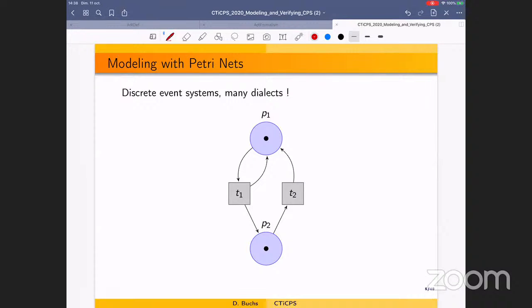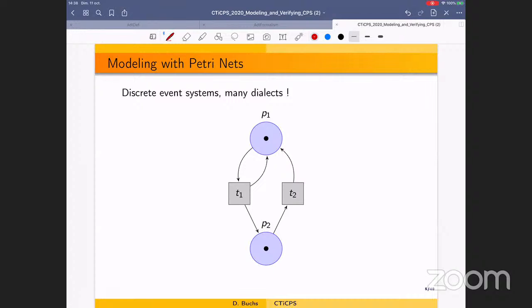In fact, I think it was already discussed yesterday concerning the use of PetriNet. It's necessary to understand that PetriNet is a class of formalism. There is a basic model which was invented by Carl Adam Petri, but from this initial model, many extensions have been proposed.